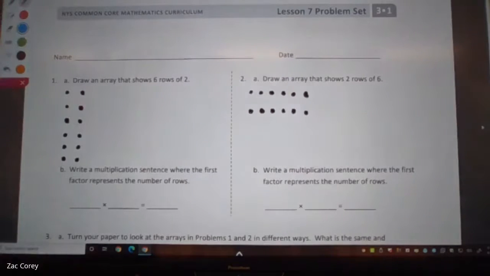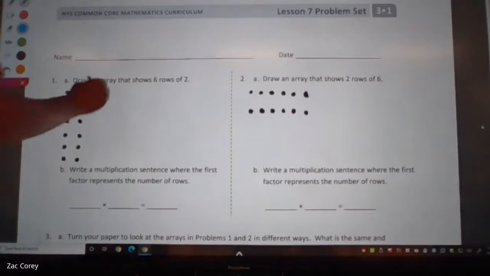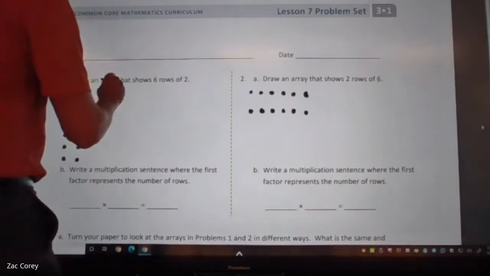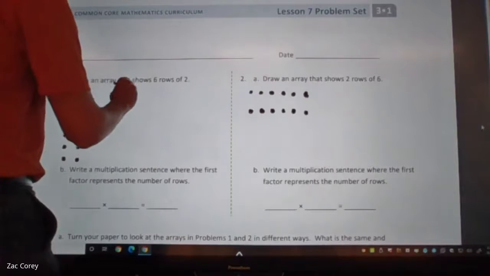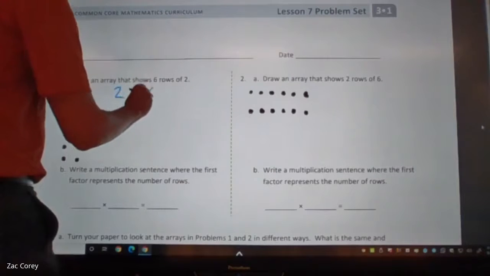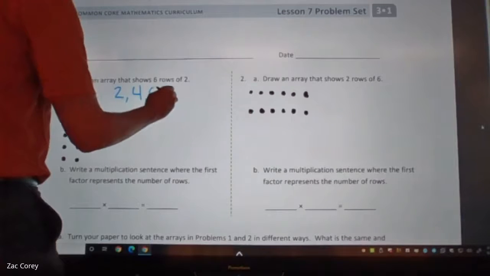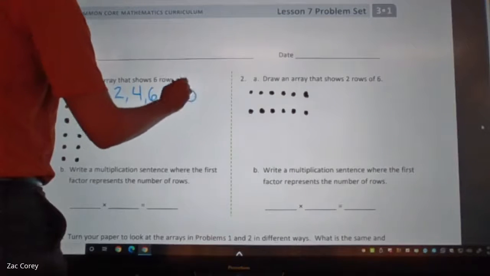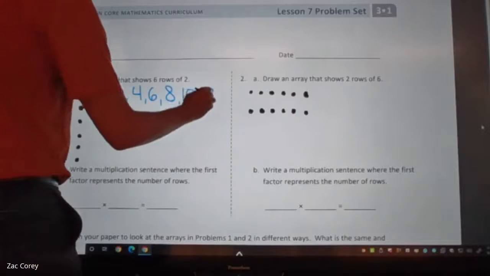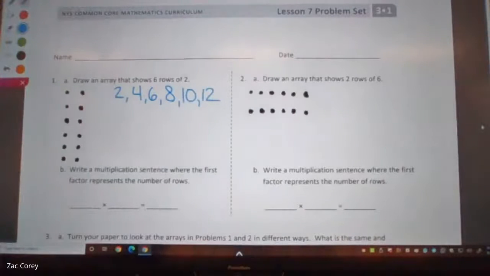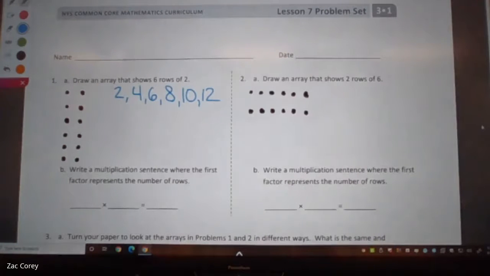If we're going to count by 2s 6 times, we'll go 2, 4, 6, 8, 10, 12. All right, so on those lines for number 1A, count by 2 6 times, you're going to write 2, 4, 6, 8, 10, 12. So that's counting by 2s 6 times.